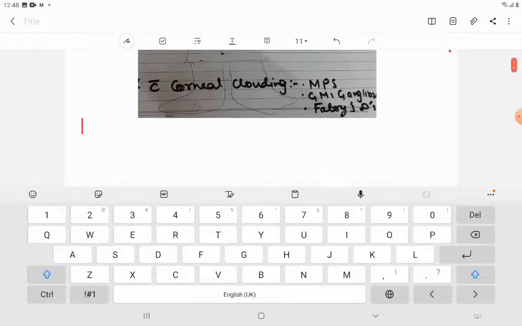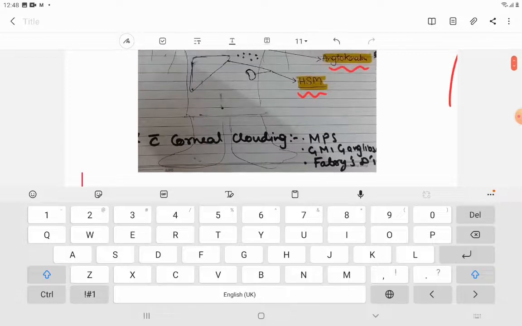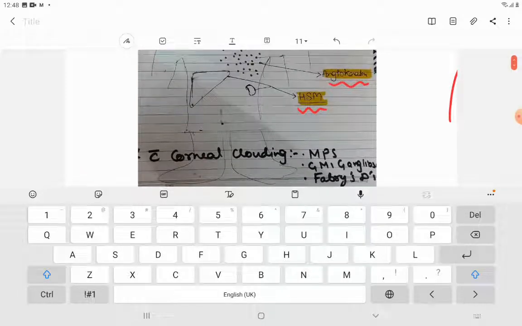I also want to tell you in which conditions you can find corneal clouding. There are three conditions: first is mucopolysaccharidosis, second is GM1 gangliosidosis, and the third is Fabry disease.